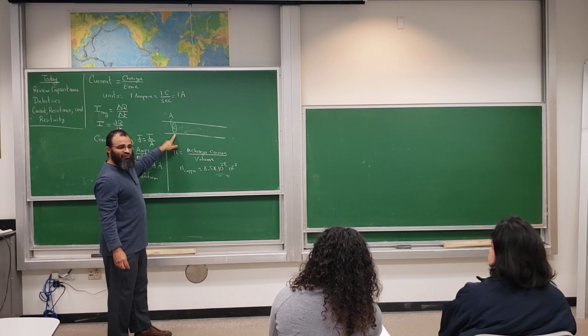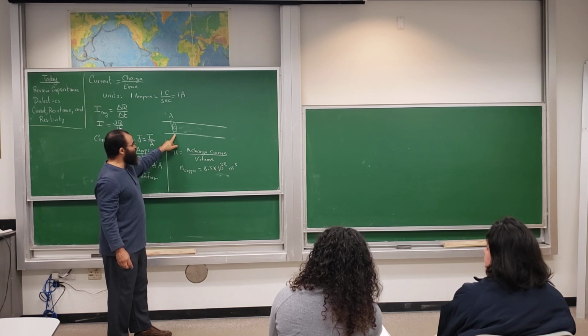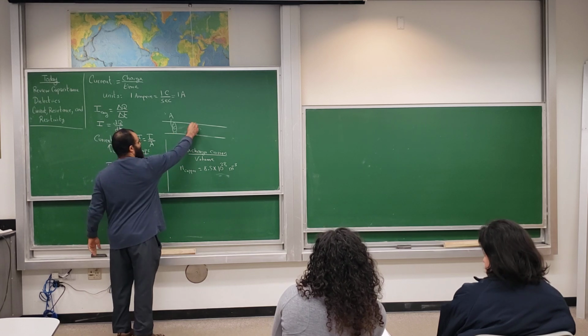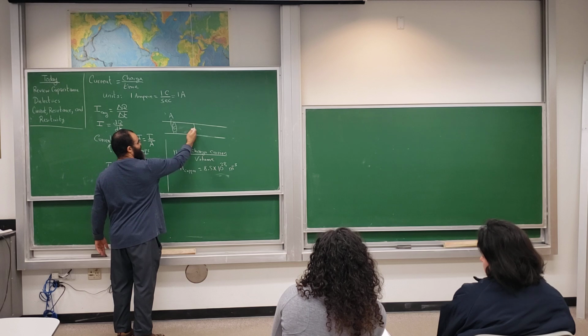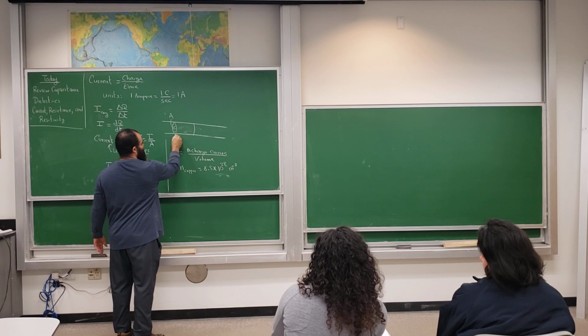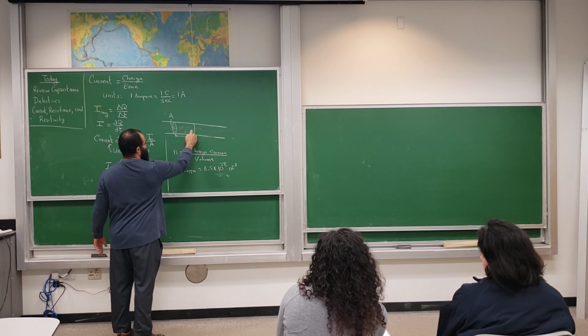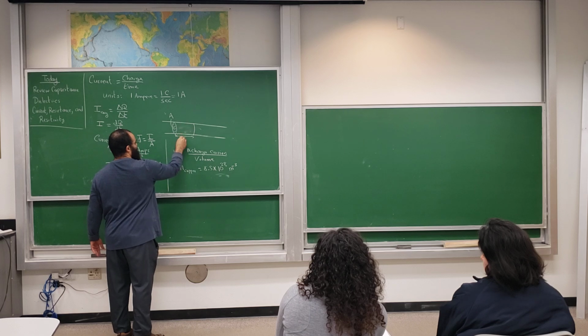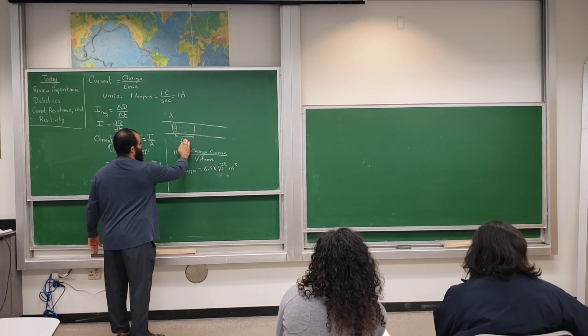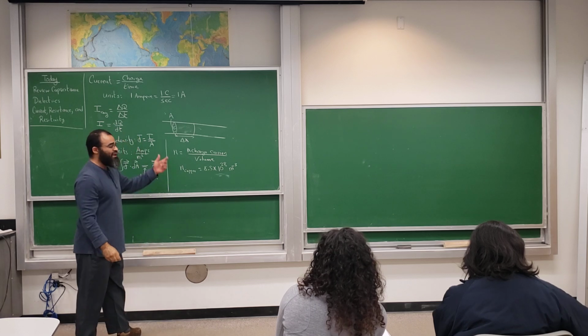At t equal to 0, I start counting. The very first one that enters at t equal to 0, after time delta t, will have moved here. The very last one to enter at t equal to delta t is here. So the ones that have passed me fill up this gap, delta x. That's how many have passed by.